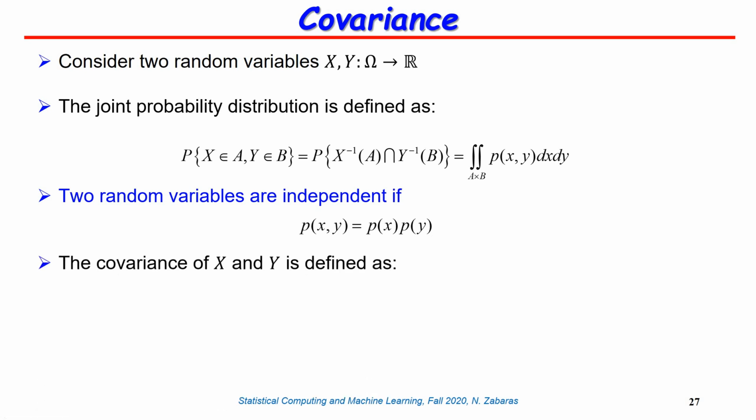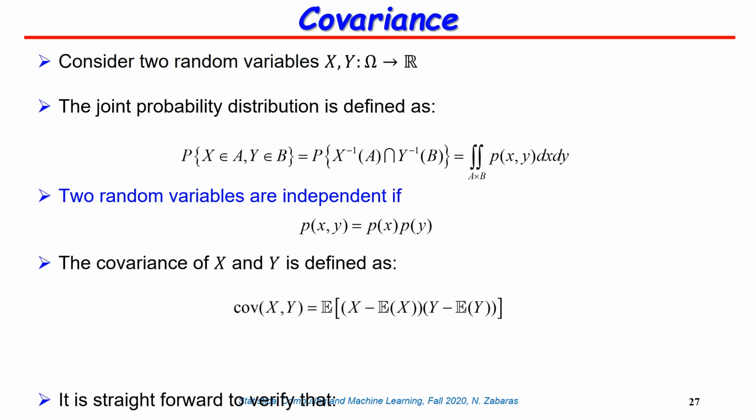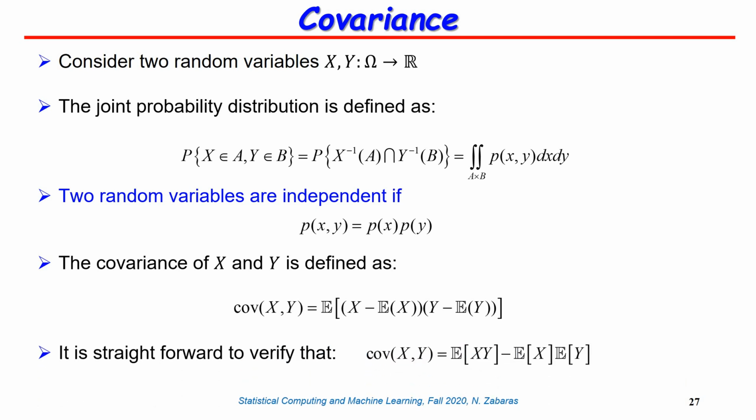The covariance of x and y, we're going to define as this expectation that you see here. If you expand this expectation, you can see immediately that the covariance of x and y is the expectation of x times y minus the expectation of x times the expectation of y.